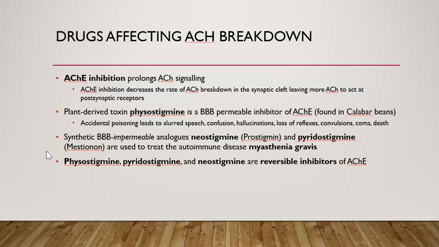So two of these drugs would be neostigmine and pyridostigmine. And these are actually used to treat some autoimmune diseases, such as myasthenia gravis, MG. Okay, so you can also just call this MG.